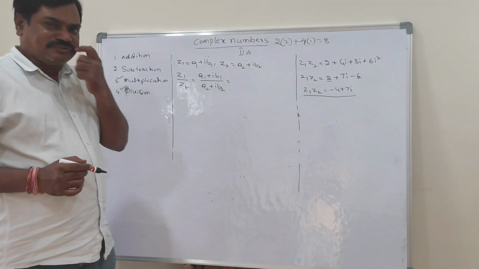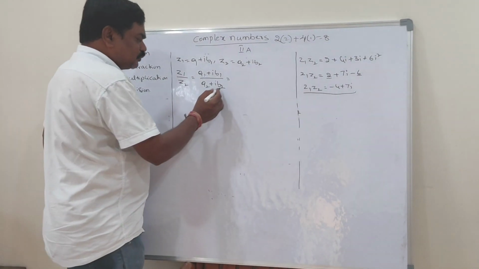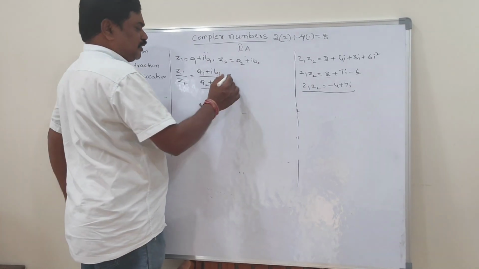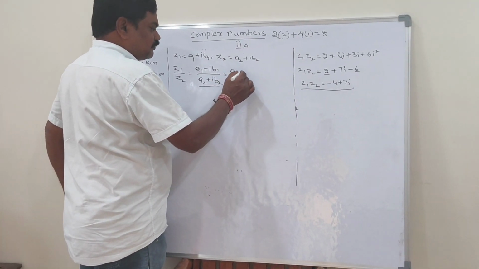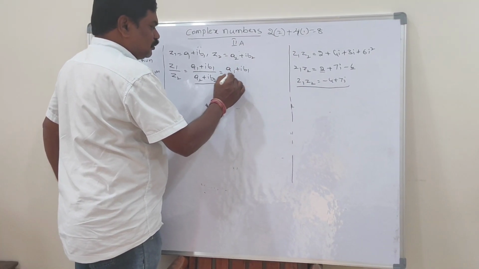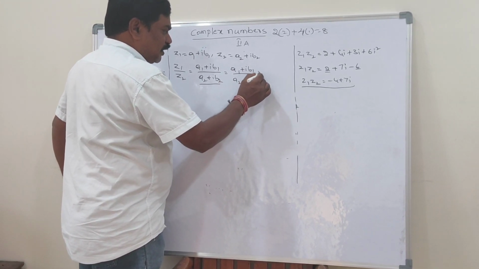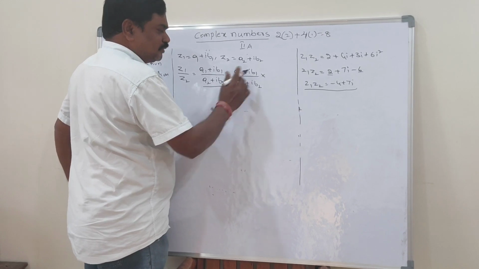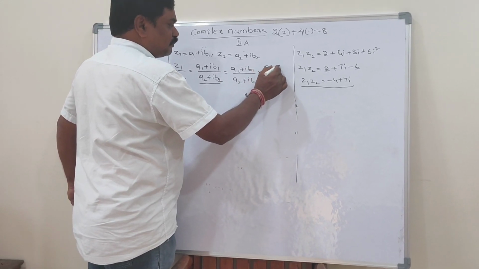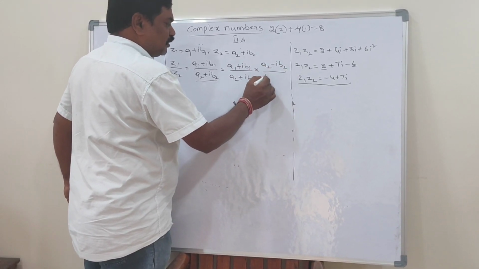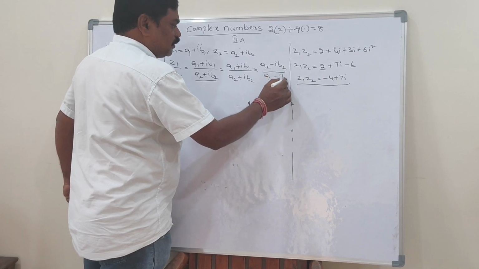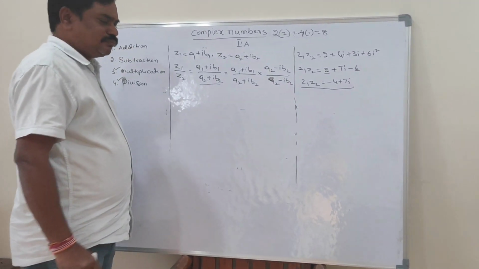How to divide these two? That is, you rationalize the denominator. That means (a1 plus ib1) by (a2 plus ib2). Here you multiply and divide with (a2 minus ib2) by (a2 minus ib2). Okay, all of you.